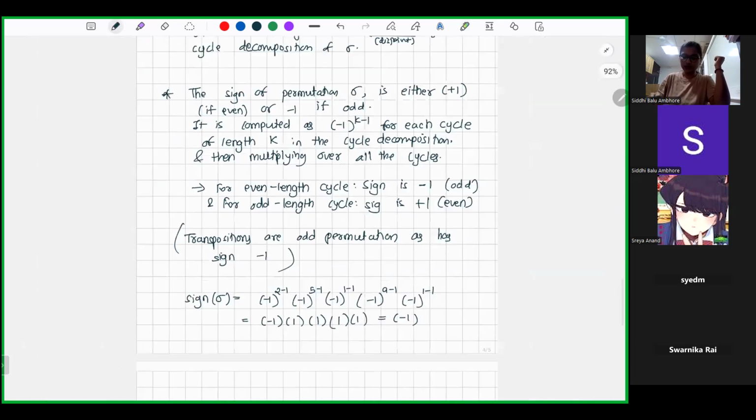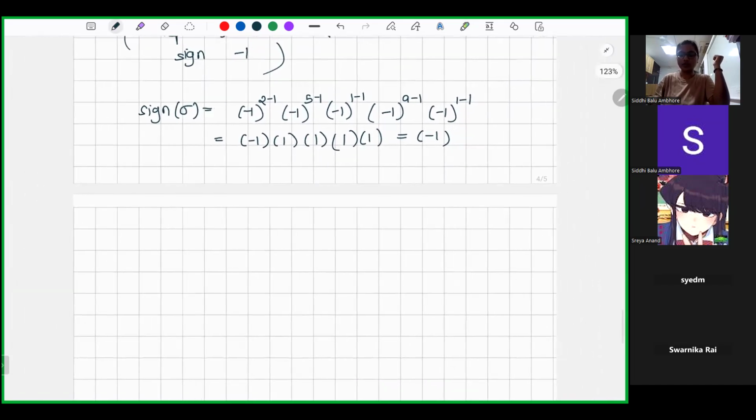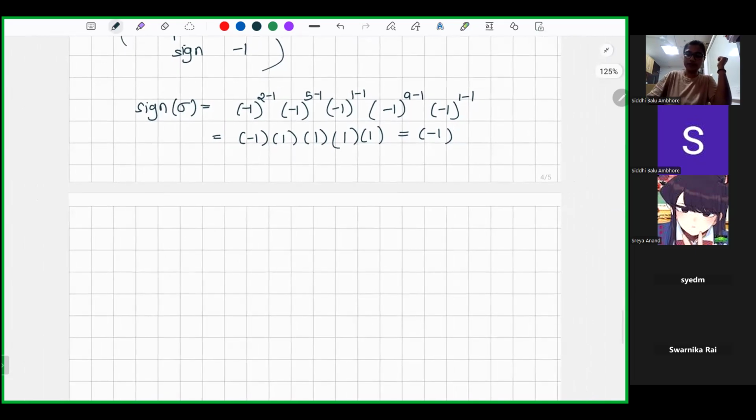So here signature of sigma is -1, so it will remain the same, and signature of sigma inverse will also be -1.